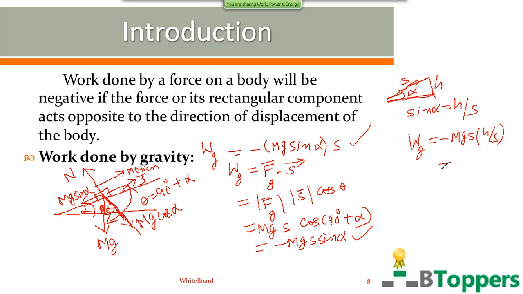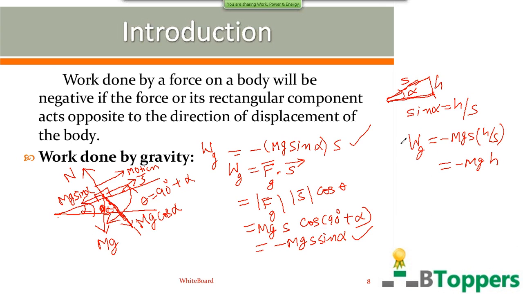Sin alpha is h by s, that is minus mgh. So whenever the center of gravity of a block of mass m rises through a vertical height h near the Earth's surface, we can say that work done by the gravitational force on the body is minus mgh, irrespective of the path followed.